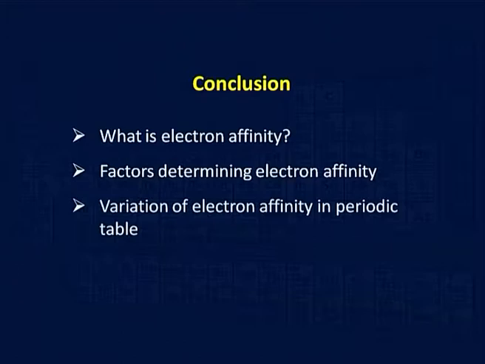We have also seen that the second electron affinity is less than the first electron affinity, and the second electron affinity is an endothermic process, whereas the first electron affinity is an exothermic process. In this way we have learned about electron affinity, and in the next lesson we will learn about the various trends observed, or how these values of electron affinity vary in the periodic table.